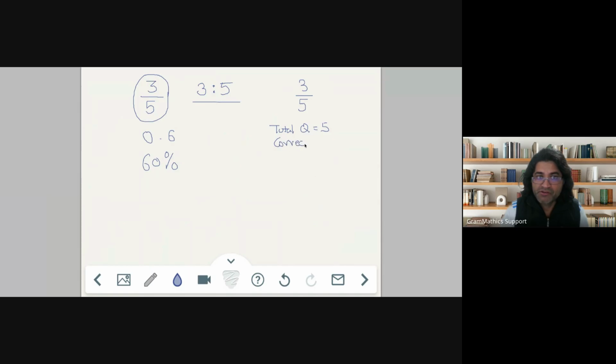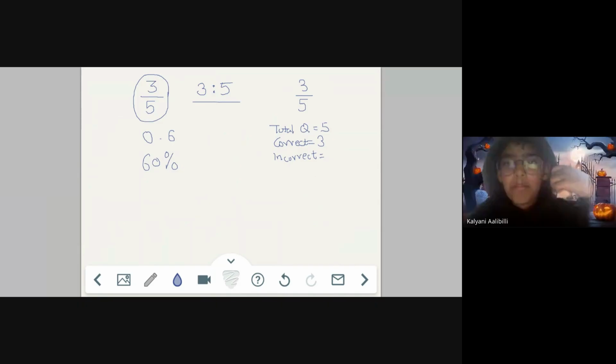Correct is 3. And incorrect is how much? How much is incorrect then? Including not attempted. You can say it. Simple. Just say it. Unmute yourself and say it. 2. Yes. Easy one.